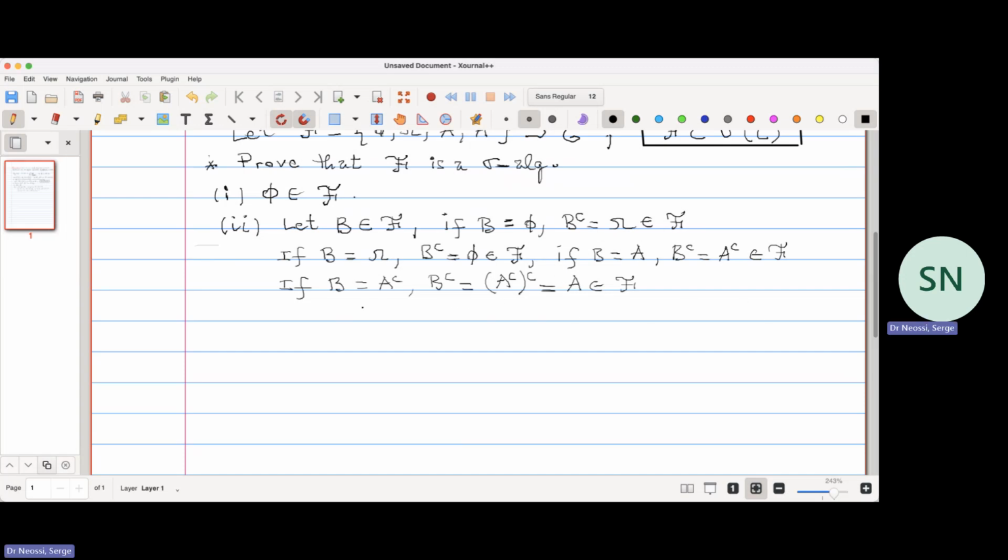So for any arbitrary element B of F, its complement is always in F.